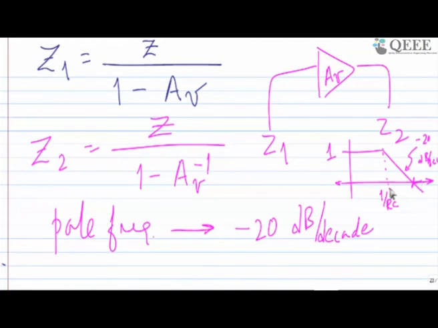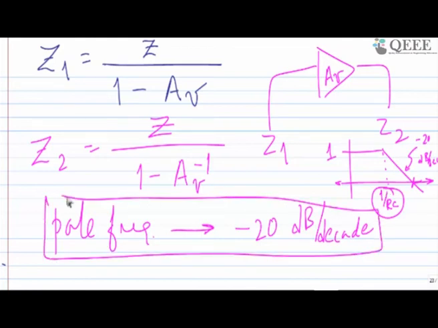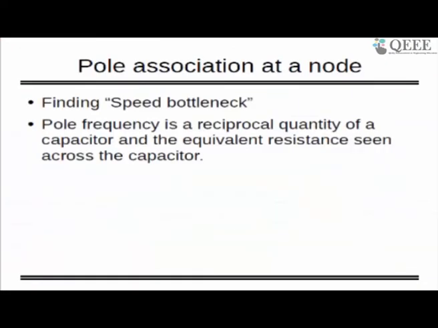So this is creating a problem, or you can say the capacitor is creating a problem. 1 by RC is giving you the point after which your gain is not equal to 1, and it's getting attenuated, which is not desirable, first of all, right? So pole frequency is the one which limits your bandwidth, and your gain will not be the one which you want. And the pole frequency is the reciprocal of the capacitor and the equivalent resistance seen across the capacitor. So this is going to happen.